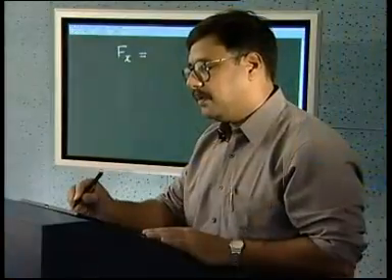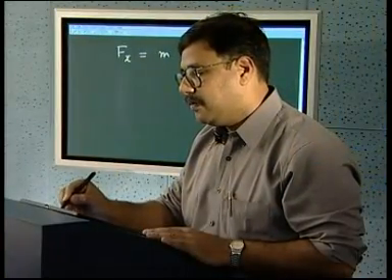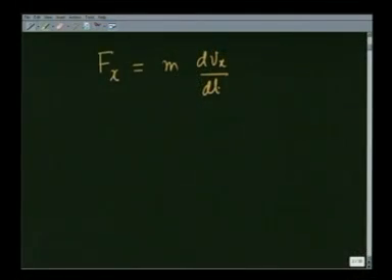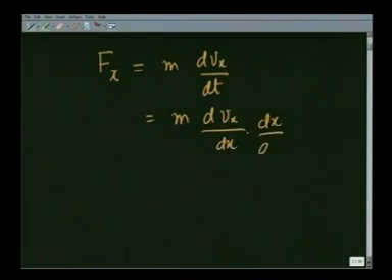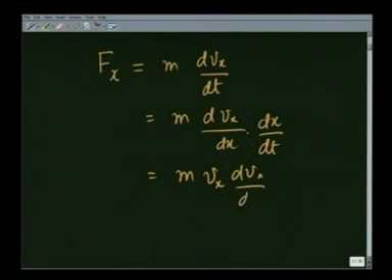So, F, let us take now only x direction, is equal to m dVx/dt, which I wrote as m dVx/dx dx/dt, which is m Vx dVx/dx, which is m/2 d/dx Vx square.